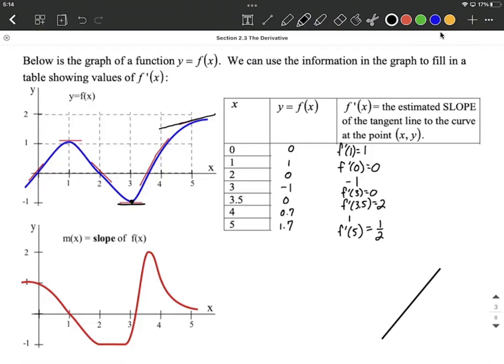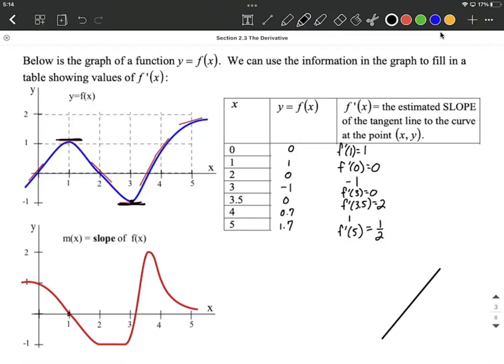Now, as far as transferring that into what the graph of the slope, or the first derivative, looks like, how I always start these out is I identify when we have a 0 for the slope of our tangent line. That will occur basically at maximums and minimums as we look through it. So at first, start by putting those on the graph of the derivative function.